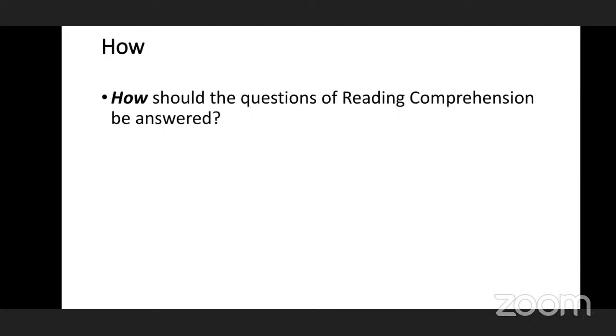Now we have learned what a comprehension passage is. Now we will learn how the questions in the comprehension passage should be answered. How should the questions of reading comprehension be answered?